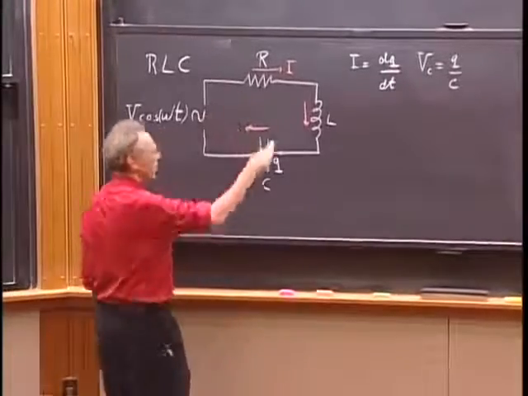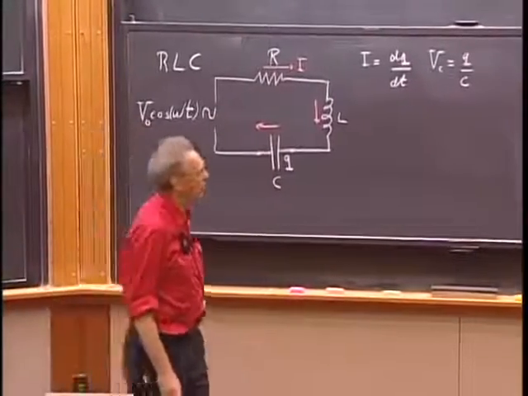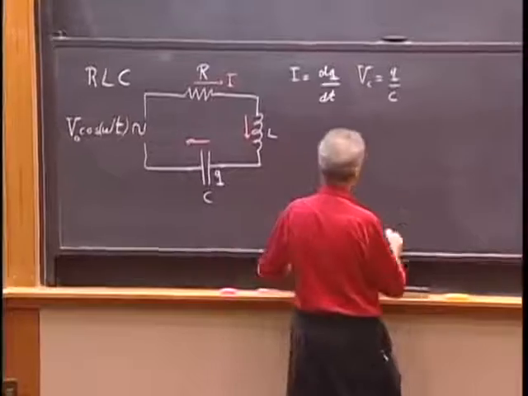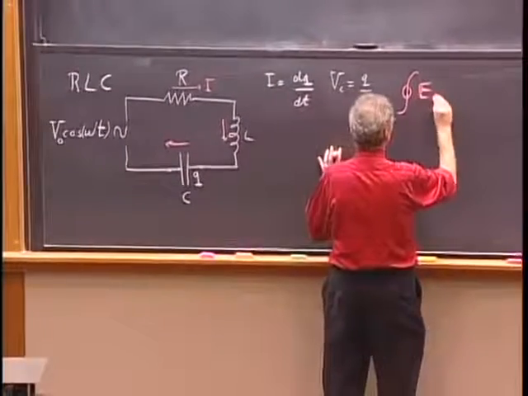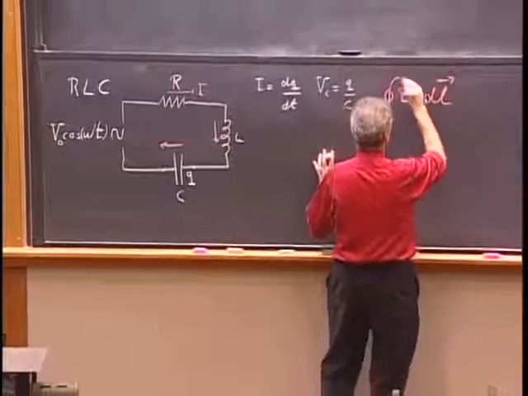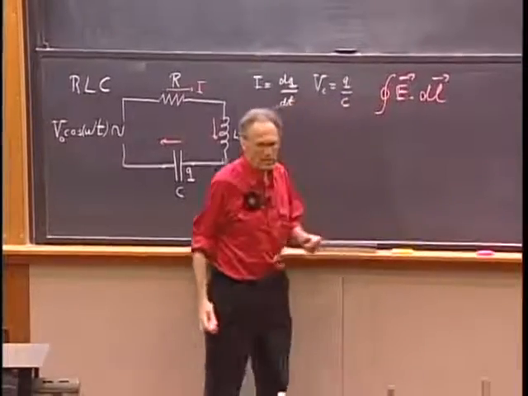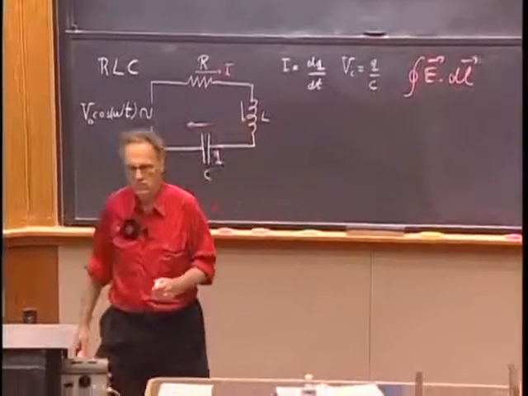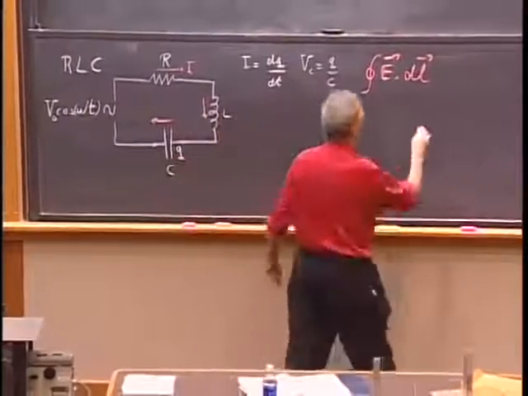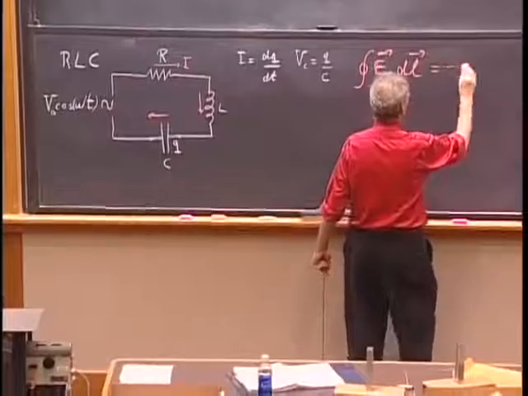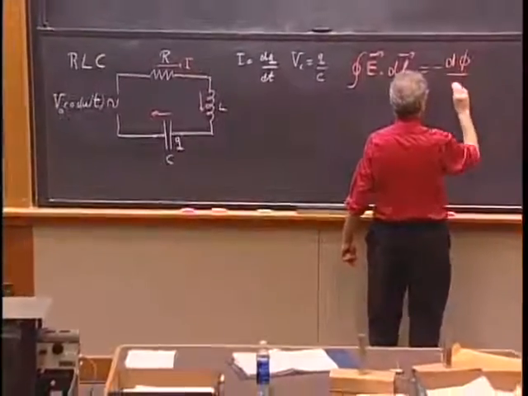I go around this circuit and I want to calculate the closed loop integral of E dot dl. And that closed loop integral of E dot dl is not zero, which many books tell you, even many professors tell you. It is not zero, but it is minus d phi dt.